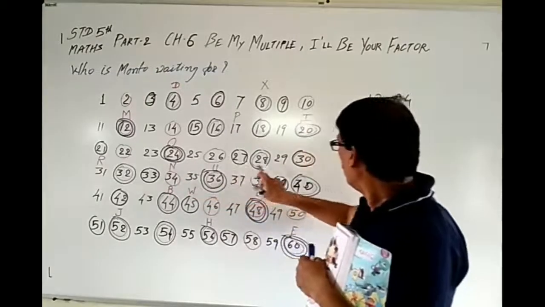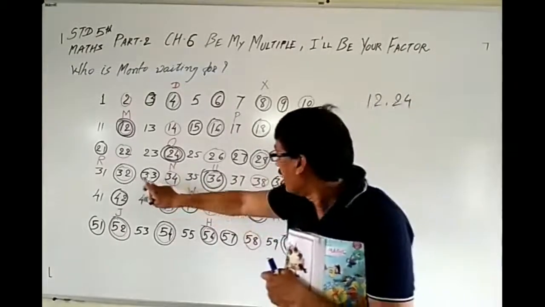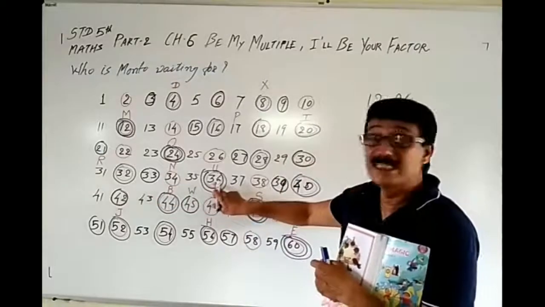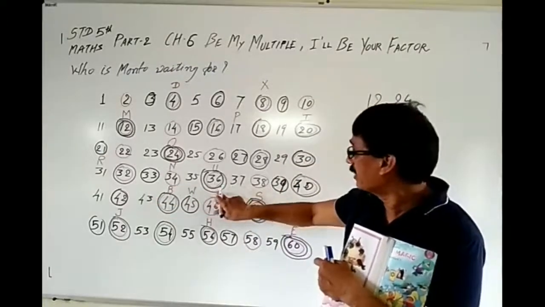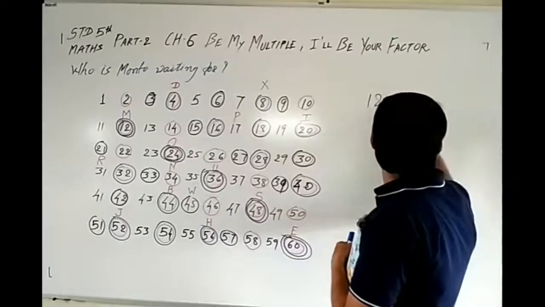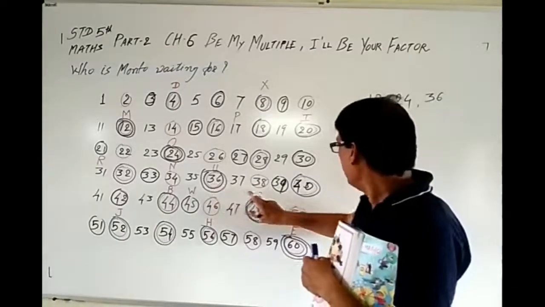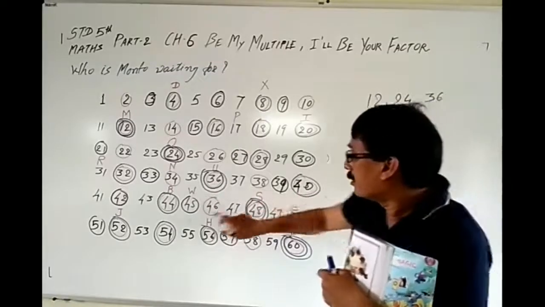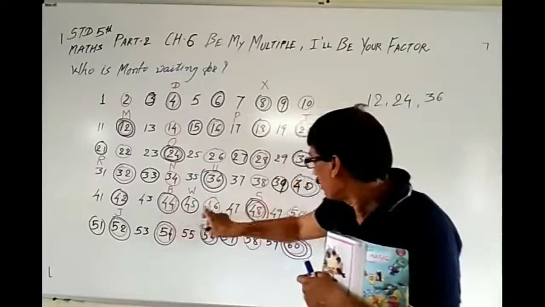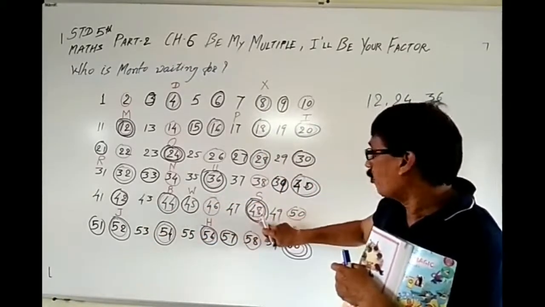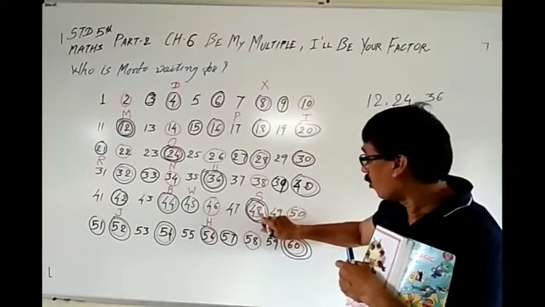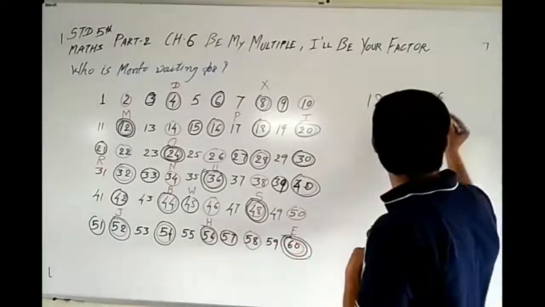Then the next one is 36. Can you see 36? All the 3 colors are there. So 36. Then yeah, 48. All the 3 circles are there. All the colors.